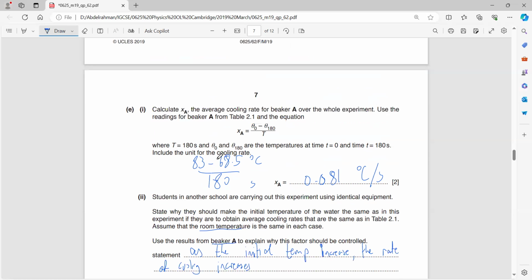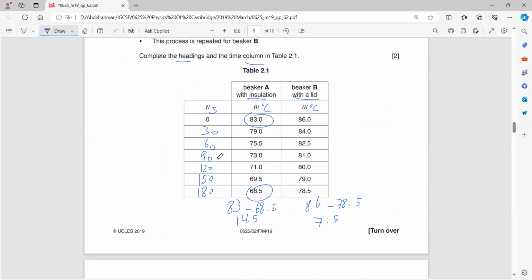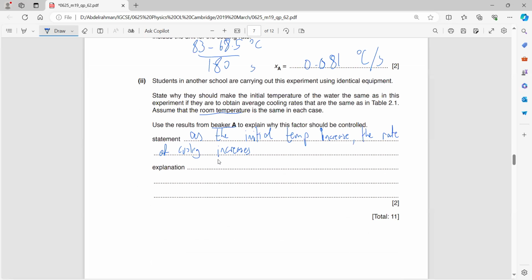For example, in the first 90 seconds, the temperature difference was 10 degrees Celsius.